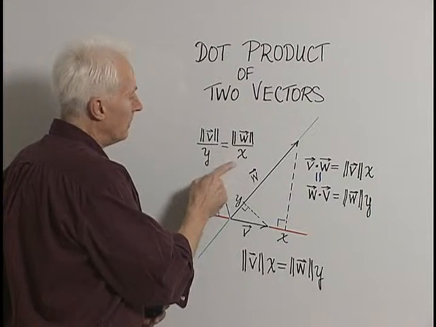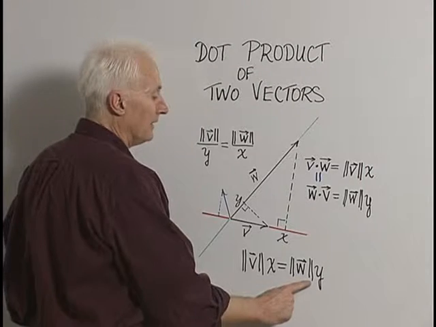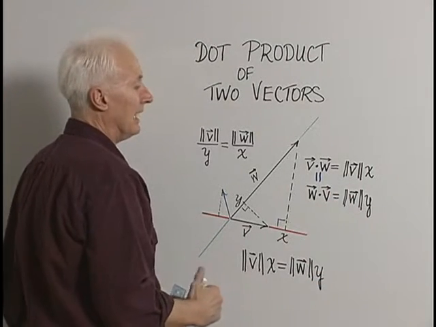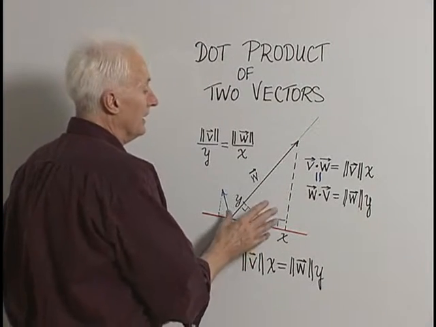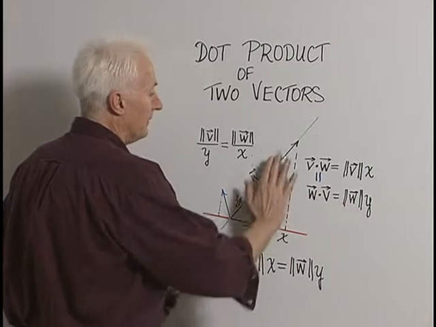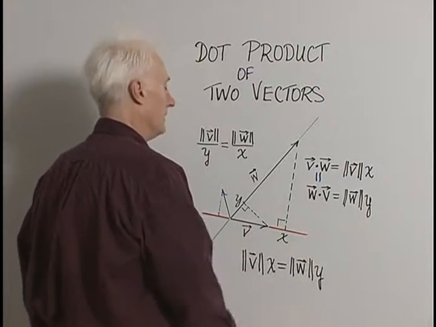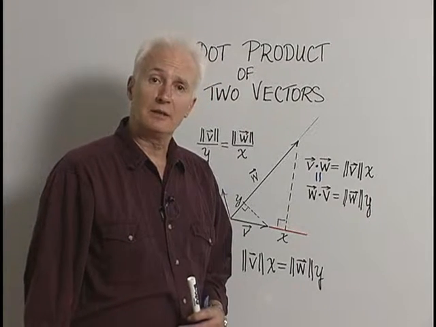If I cross multiply, that tells me length v times x equals length w times y, so these two expressions are exactly the same. And so this way of looking at the dot product tells me that either vector can be used to drop a perpendicular from its tip down to the line through the other and get an expression for the dot product.